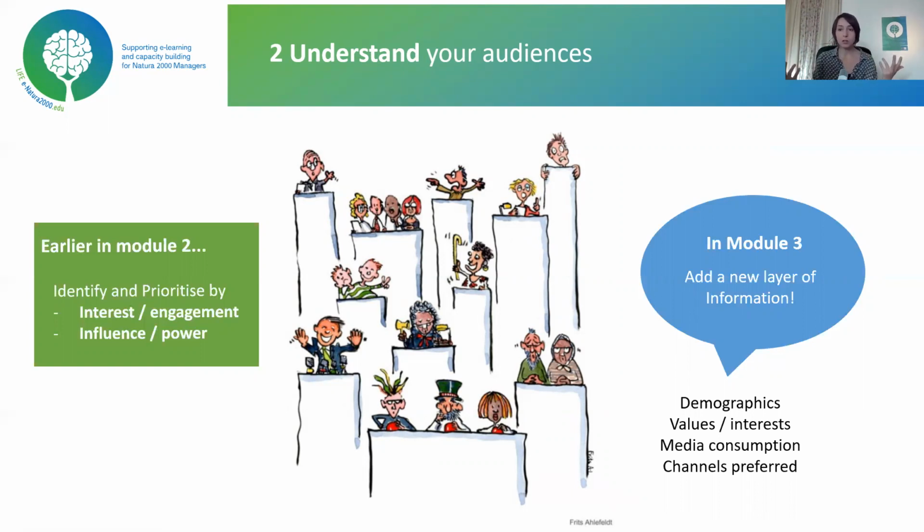Where do they look for information? Which information do they receive in which platform? How can I better reach out to them? So it's not only identifying and prioritizing, it's then adding a different layer of understanding. We need to know where they consume information so we can better reach out to them, just to be more effective.